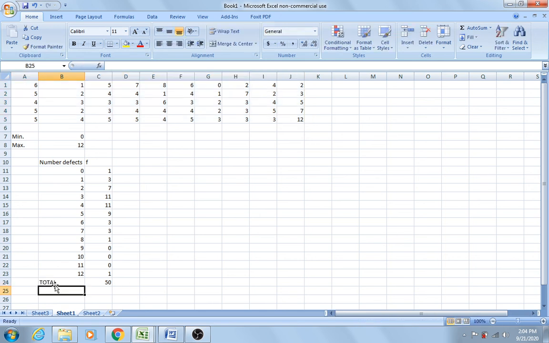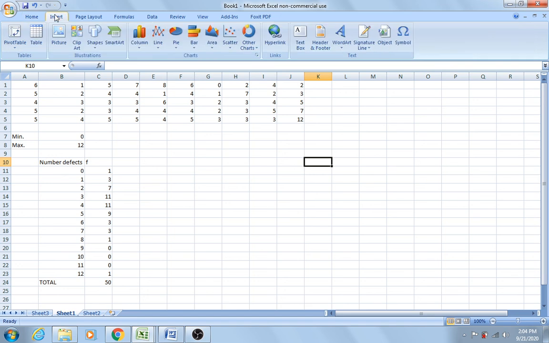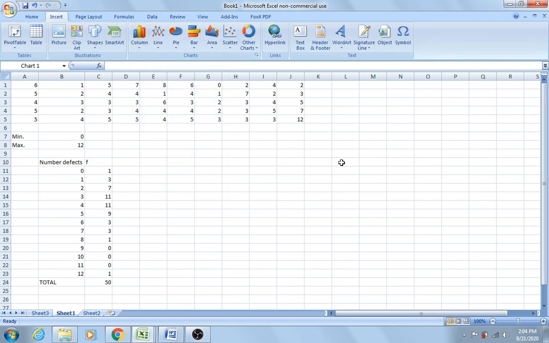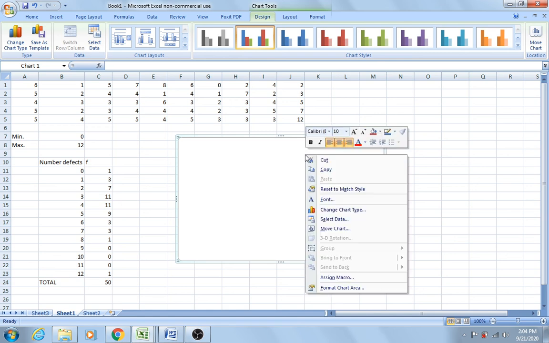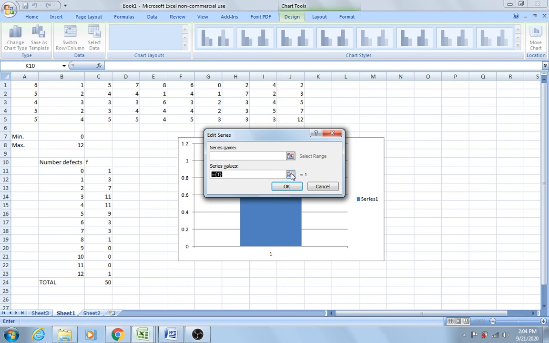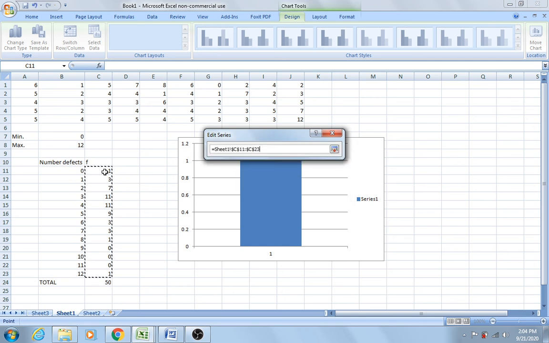Okay, and how does the histogram look like? The histogram is going to be just like a bar chart. So if you want to get the histogram, you select the bar chart and then select the data, then you add the value.